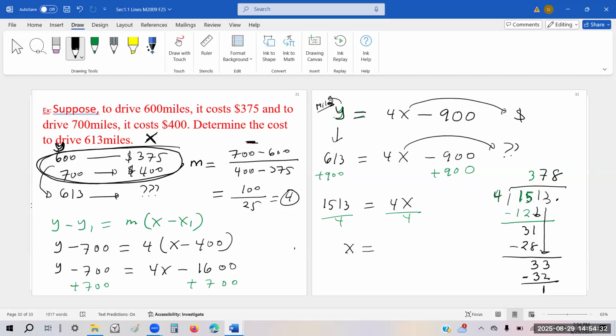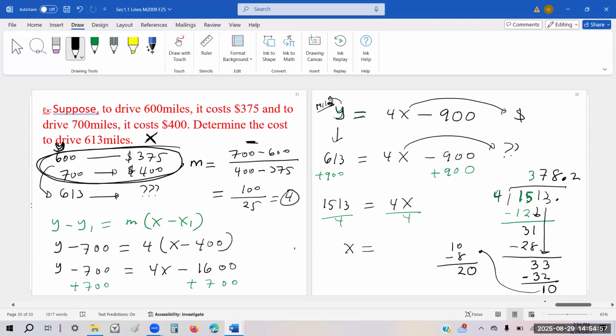We put a decimal here, and we put a decimal here, and we put a 0 here. 4 goes into 10 how many times? 2. 4 times 2 is 8, so we subtract, we get 2. Then we can put as many zeros as we want.